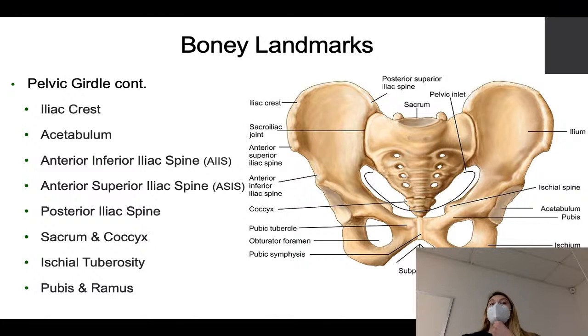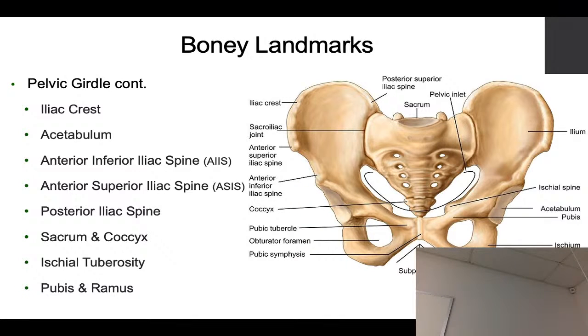We also have our anterior superior iliac spine, ASIS. The anterior superior iliac spine, ASIS, is going to be the most anterior region, the end of the iliac crest. If we follow that iliac crest all the way around, where it terminates anteriorly is going to be that ASIS.